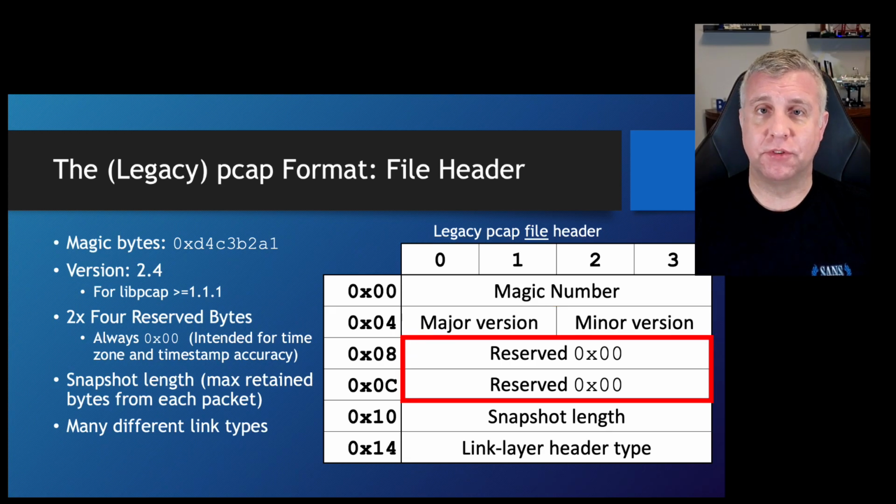Then we have two reserved bytes. These are actually kind of interesting as well. In practice, in any modern day PCAP file, these are going to be zeroed out. You're not going to see any values here. In the original spec and the original intent, these were reserved for a time zone offset as well as an accuracy value. So it would tell us how far away from UTC, or Universal Coordinated Time, the timestamps in the file are.